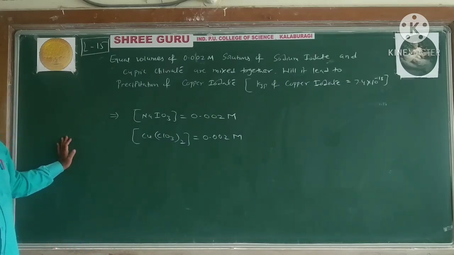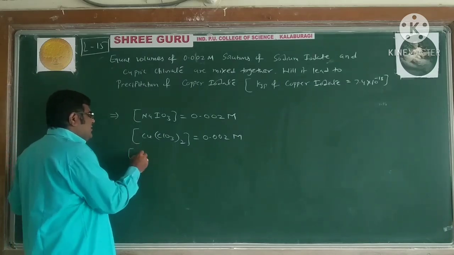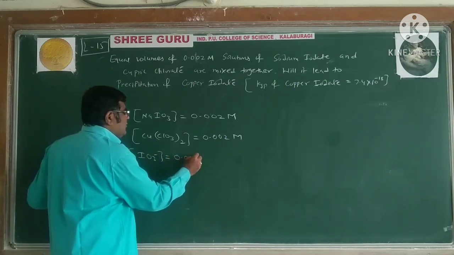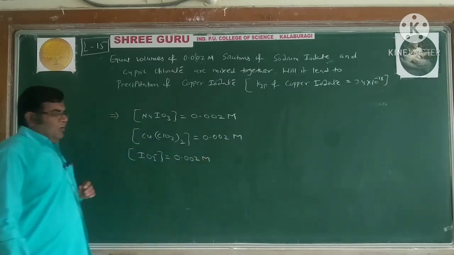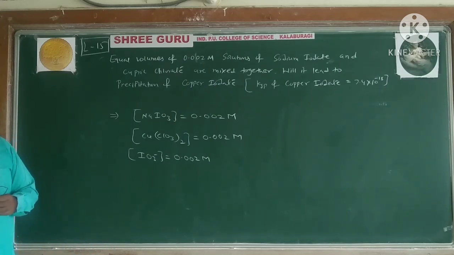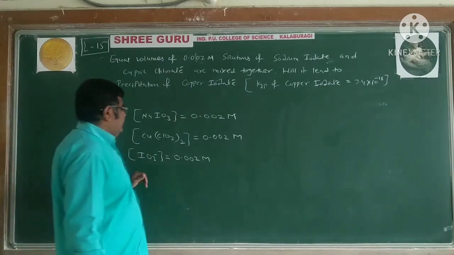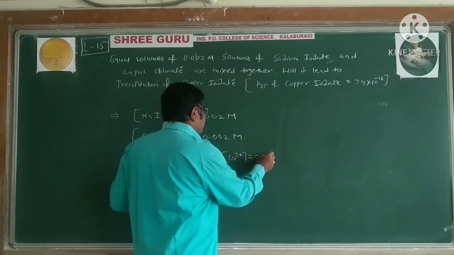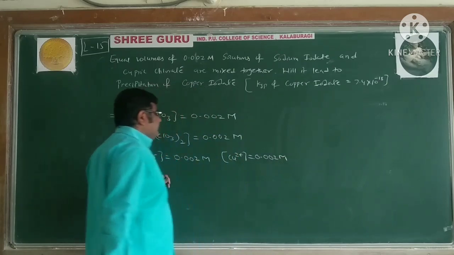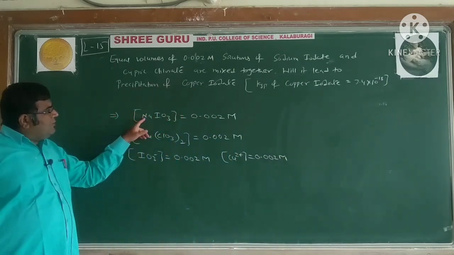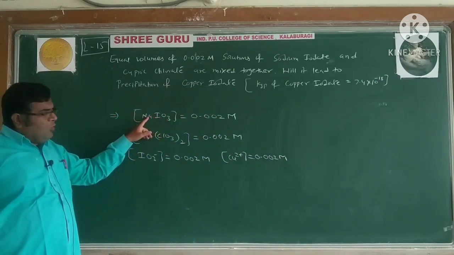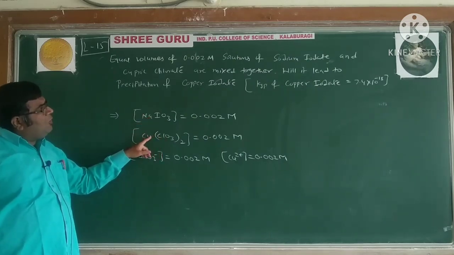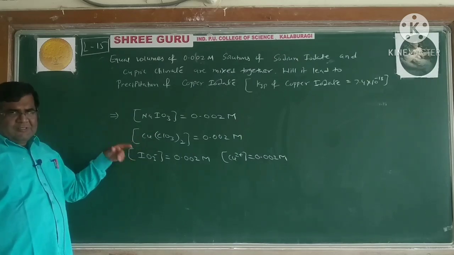That's why we can say molar concentration of iodate ion is 0.002 molar, and concentration of Cu plus 2 is also same, because sodium iodate gives 1 mole of iodate ion and copper chlorate gives 1 mole of cupric ion or Cu plus 2 ion.